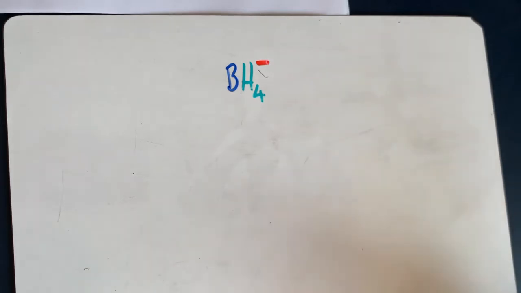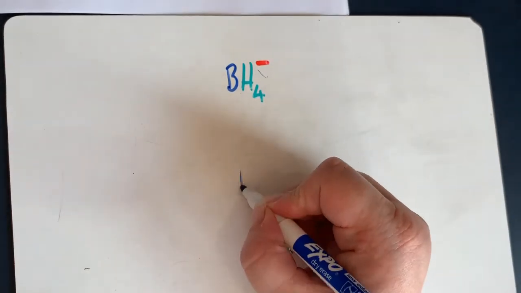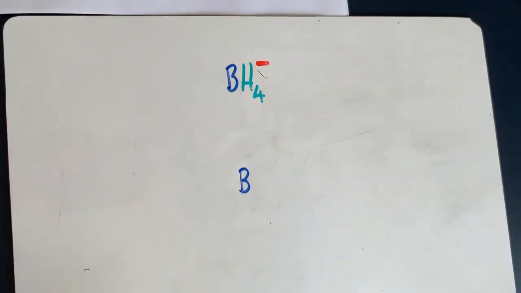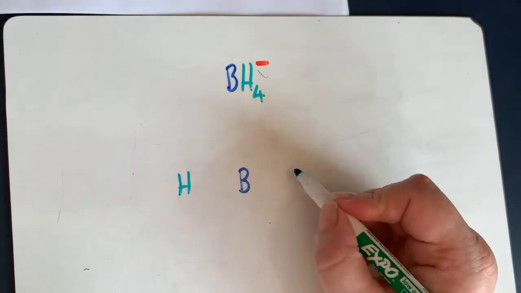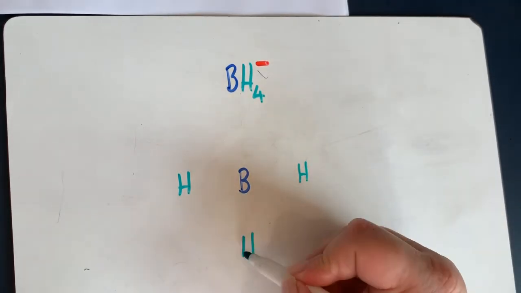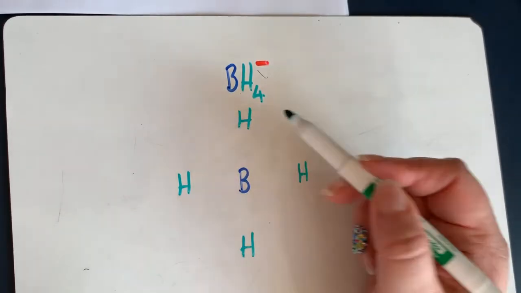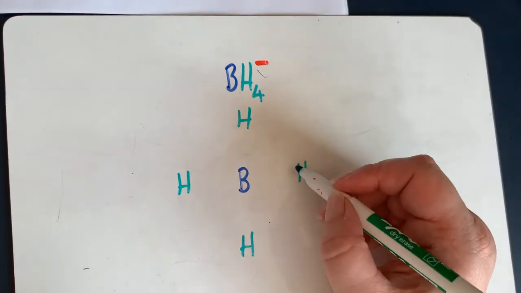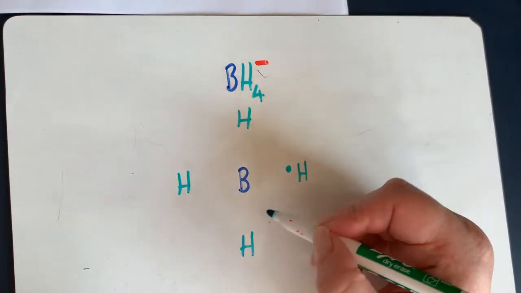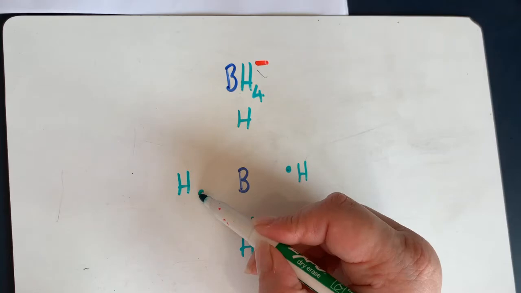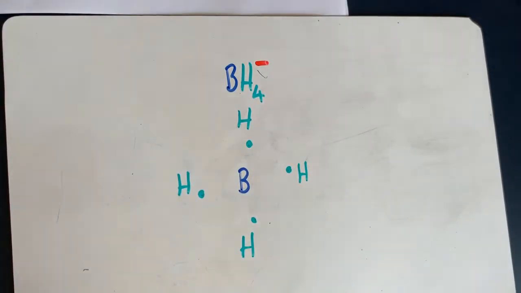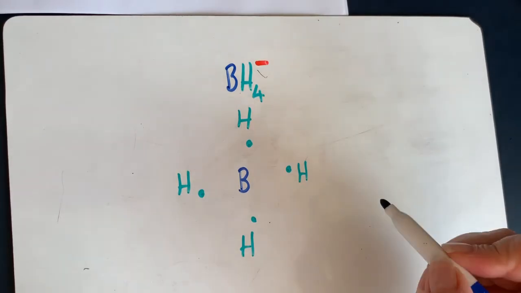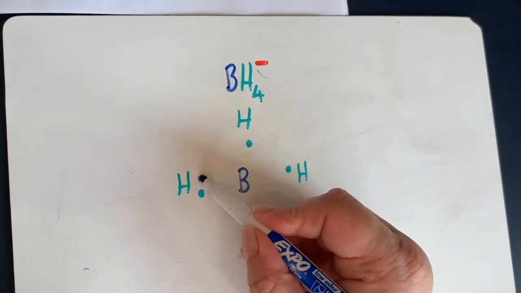So the first thing we're going to do is pop boron in the middle and then surround it by our hydrogens, and we've got 4 of those. Each of those hydrogens is easy to deal with. They've only got 1 electron. Boron is in group 3 of the periodic table, so has 3 valence electrons.